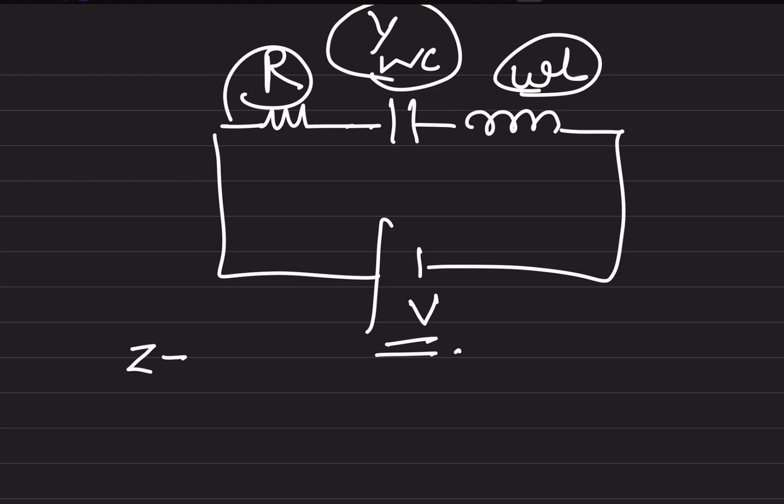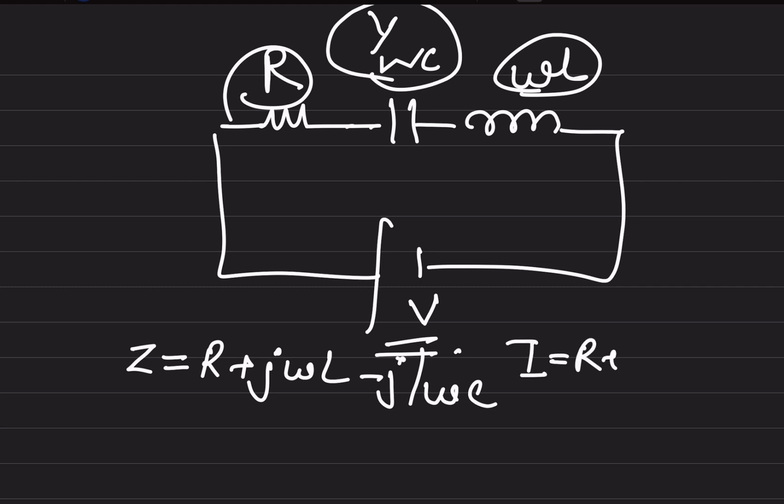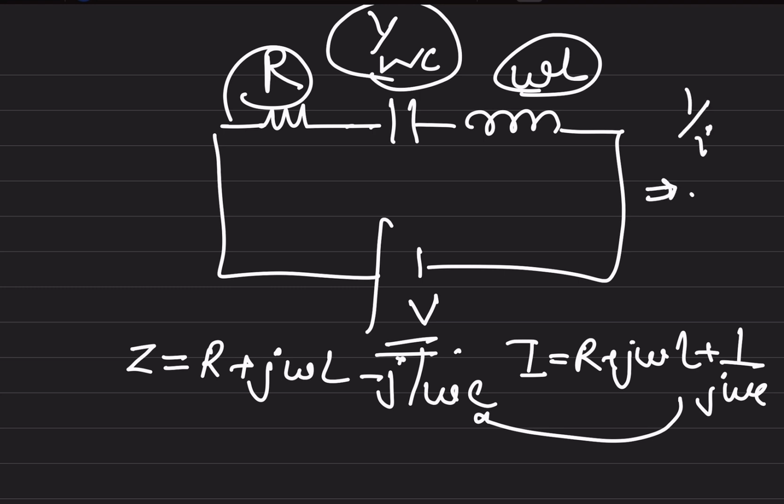So the resistance Z is equal to R plus j omega L minus j by omega C, or Z is equal to R plus j omega L plus 1 upon j omega C. When j goes up, it will be minus j, because 1 upon i is equal to minus i.